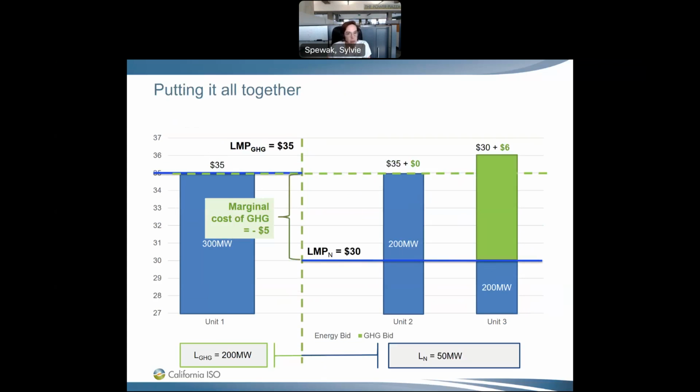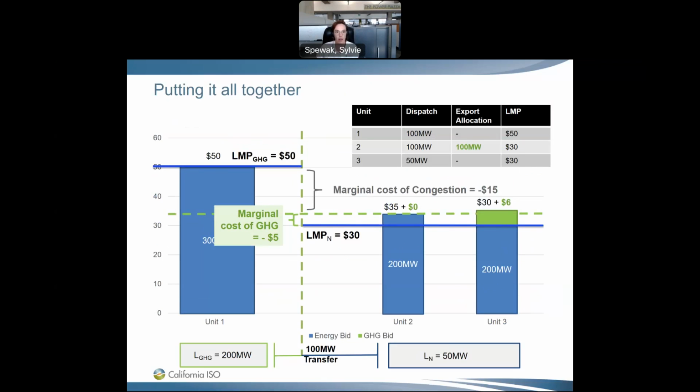So now we're going to put all of these concepts together. When GHG preferences diverge and the GHG area's preferences impose a cost on the non-GHG area, this price separation is accounted for by the marginal cost of GHG. When we add a transmission constraint in the mix, we also get a marginal cost of congestion.